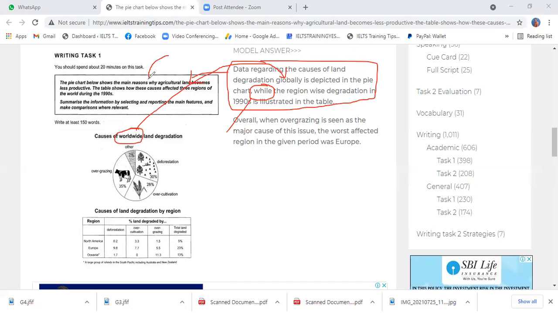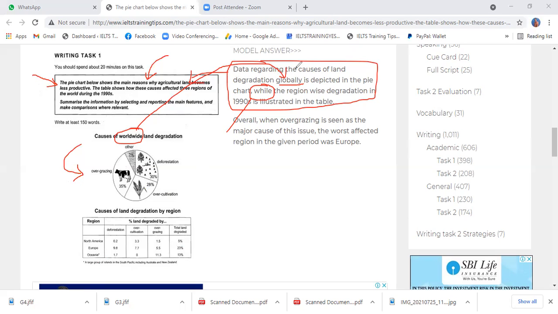That thing was not there in the question. So I have taken this particular vocabulary from the title of the pie chart. Look everywhere, you'll be getting some important information. Global land degradation was not in this question.